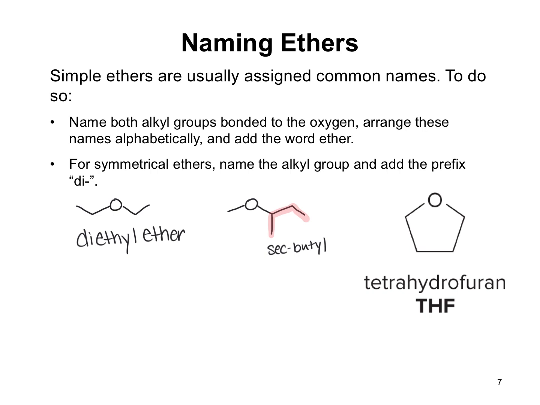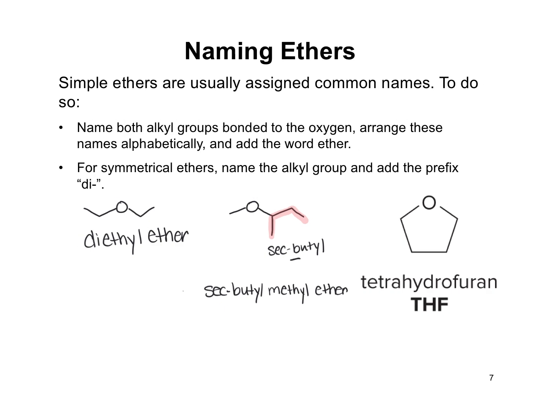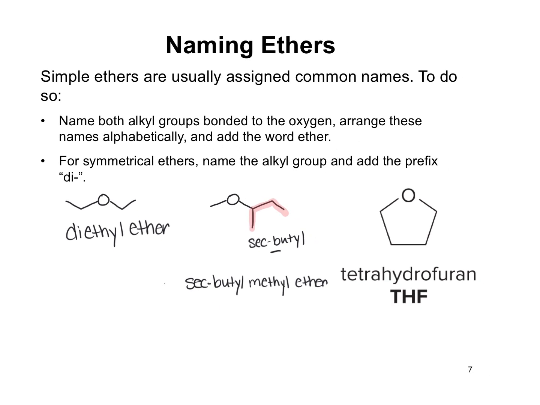And so we alphabetize based on the B of the butyl before the M of the methyl. So the name of this one would be sec-butyl methyl ether. Okay. And so this is the way we name really small ethers.